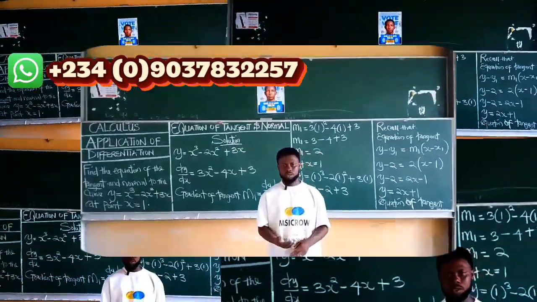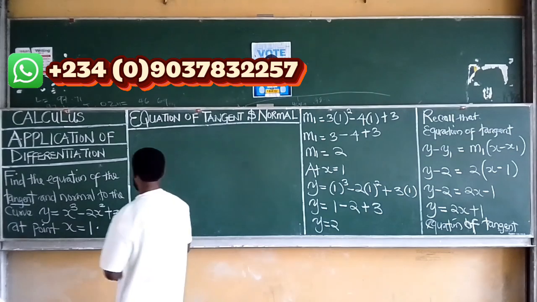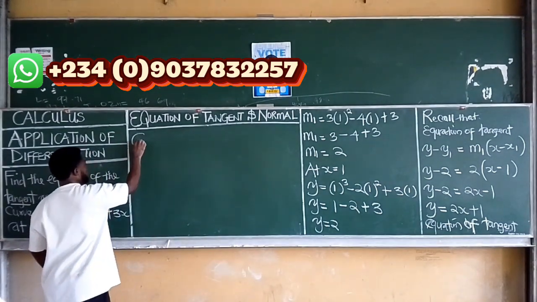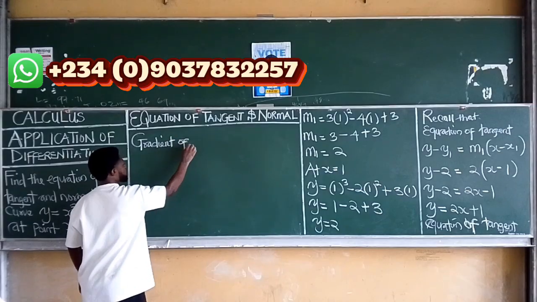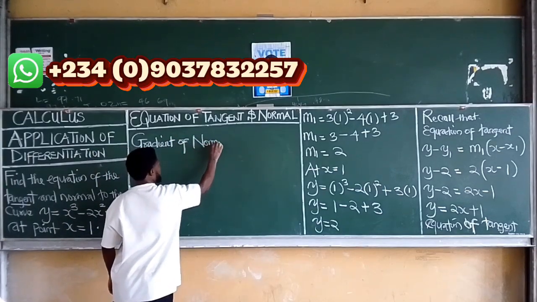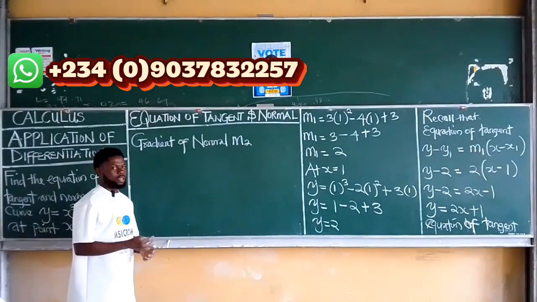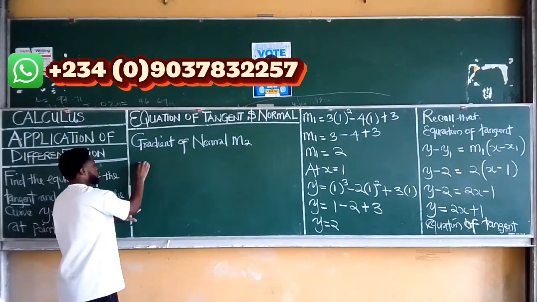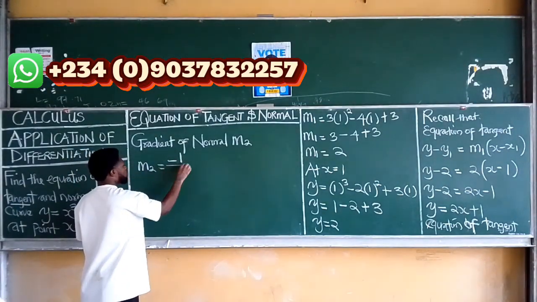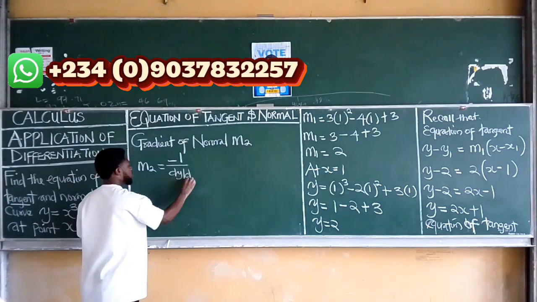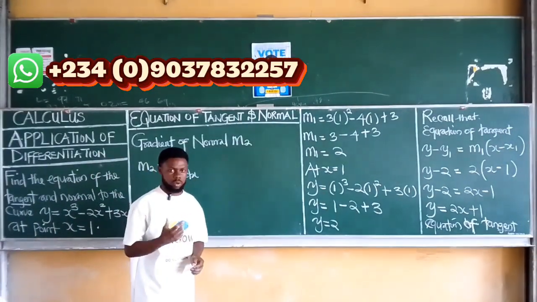Let's record that the gradient of the normal, M2, is given as M2 is equal to minus 1 over dy over dx at the point where x is equal to 1.